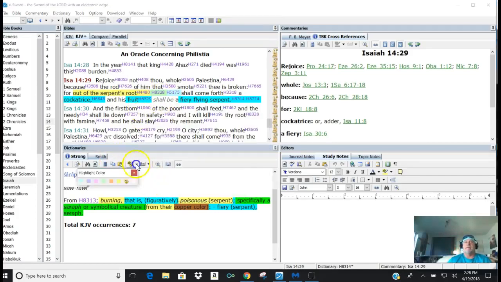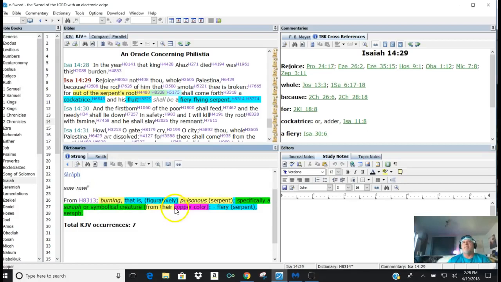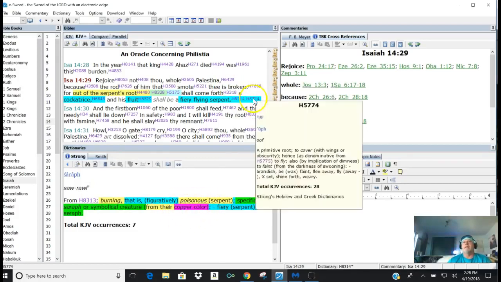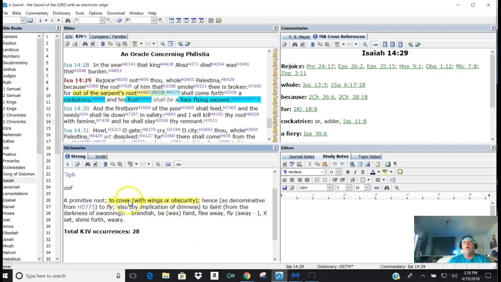So there it is. And I will find a better color for it right now. I think I will go with this. There you go. From their copper color. Wow. And then let's go to 54. To cover with wings or obscurity.